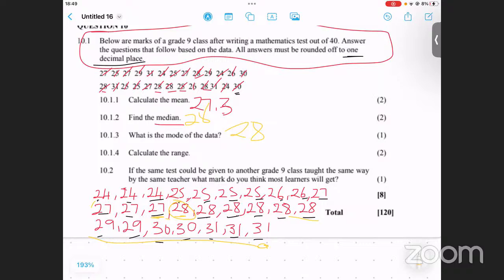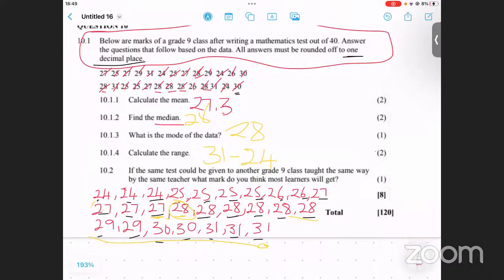Now let's go to the range. Busisi, how are we going to calculate the range of these data? Ma'am, I think you take the highest number and the smallest number, and then you subtract.